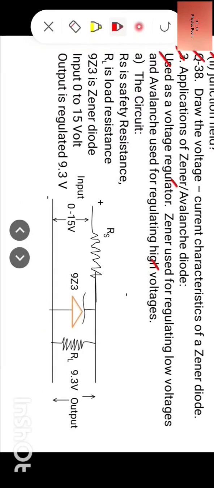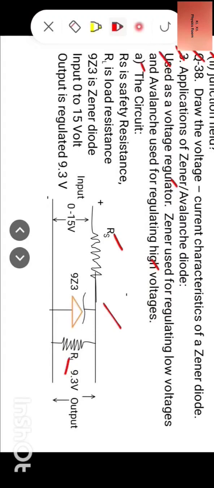Now, how is a Zener or avalanche diode used as a voltage regulator? Here is the circuit. So we take it up step by step. First, we talk of the circuit. RS is safety resistance.